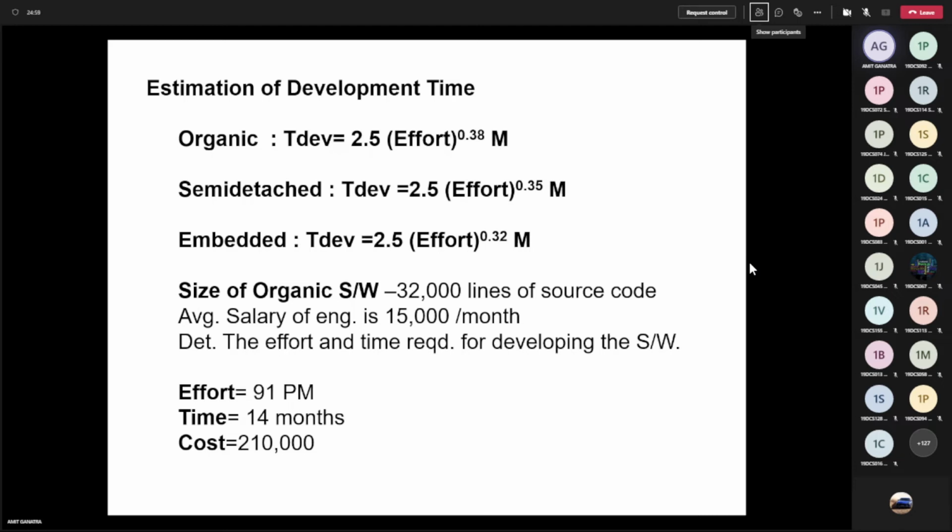This is the cost of my software. Fine. So this is how you can calculate the cost of the software.